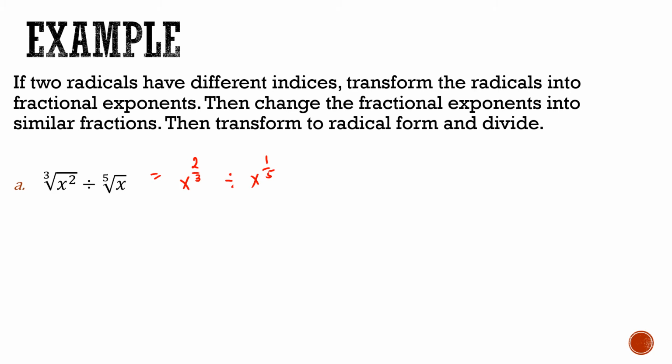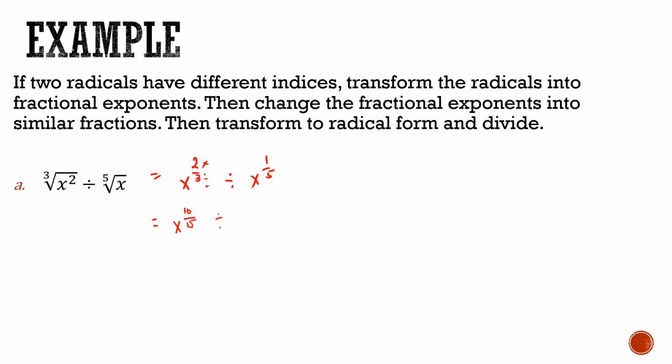So the LCD of 3 and 5 is 15. So we divide the LCD 15 by the original denominator and then multiply it to the numerator. So this will become x raised to 15 divided by 3, we got 5, times 2, we got 10. So this is 10 over 15.